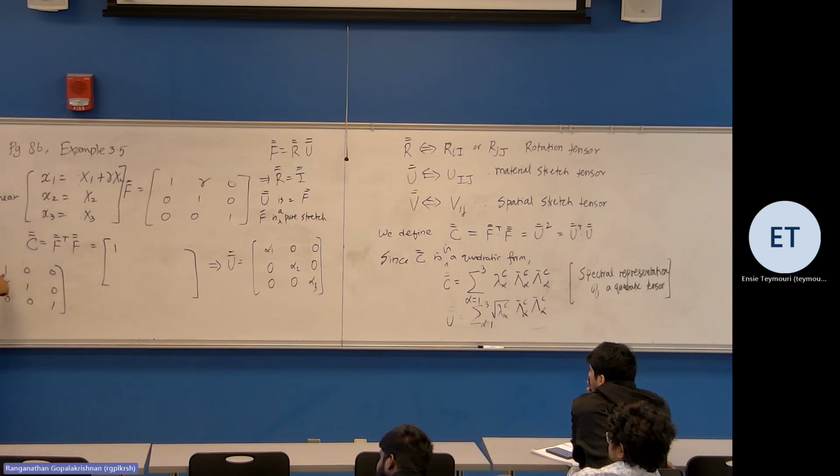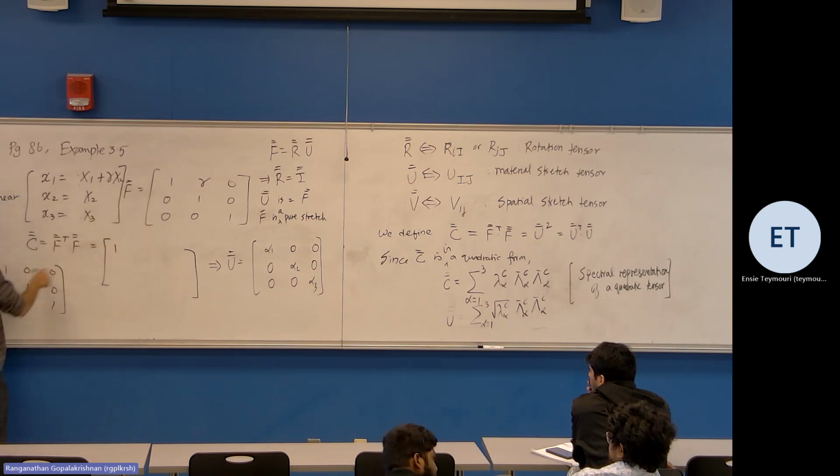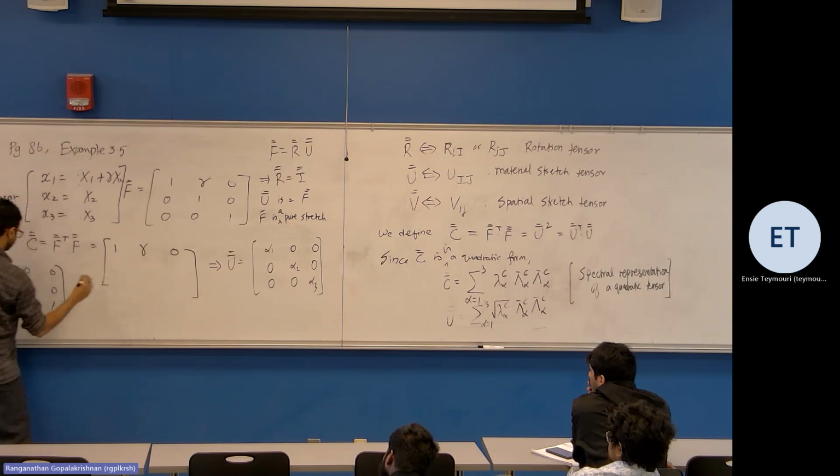So you have to multiply first row with first column, first row with second column. That will be gamma, first row with third column, 0. And then second row with first column, gamma. Second row with second column, gamma squared plus 1.